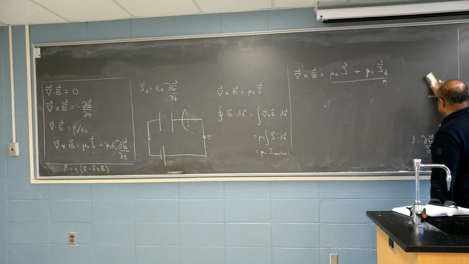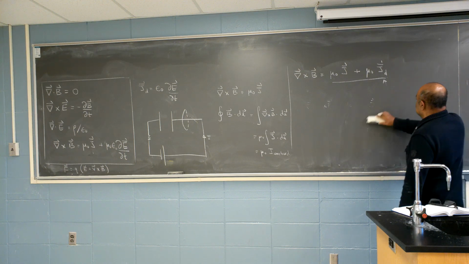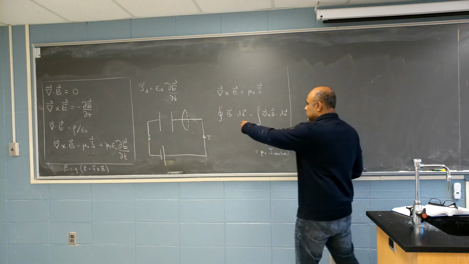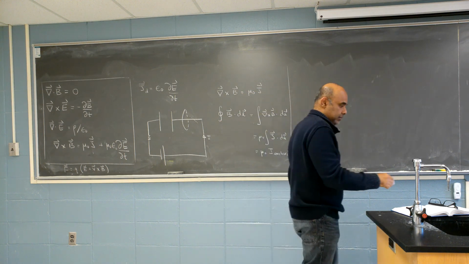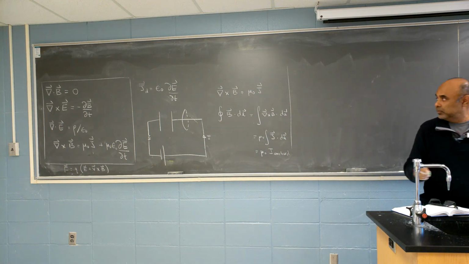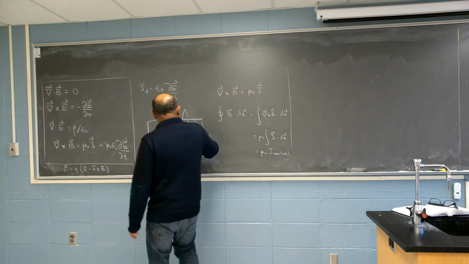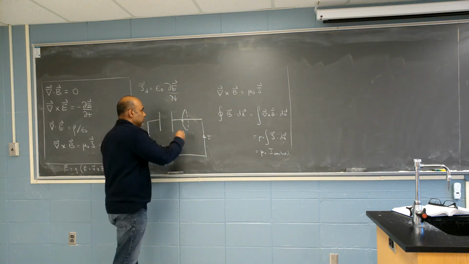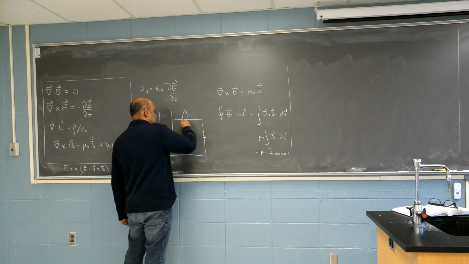B dot dl, taking B dot dl over here. It's a closed loop, despite how I've drawn it.